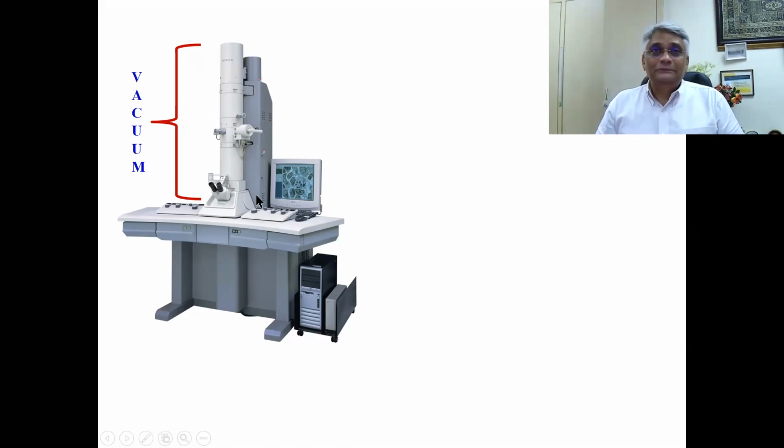But of course, the image processing leading to magnification of the point where the electrons impinge is seen here. These are only to position the sample, okay? So this certainly requires good vacuum.